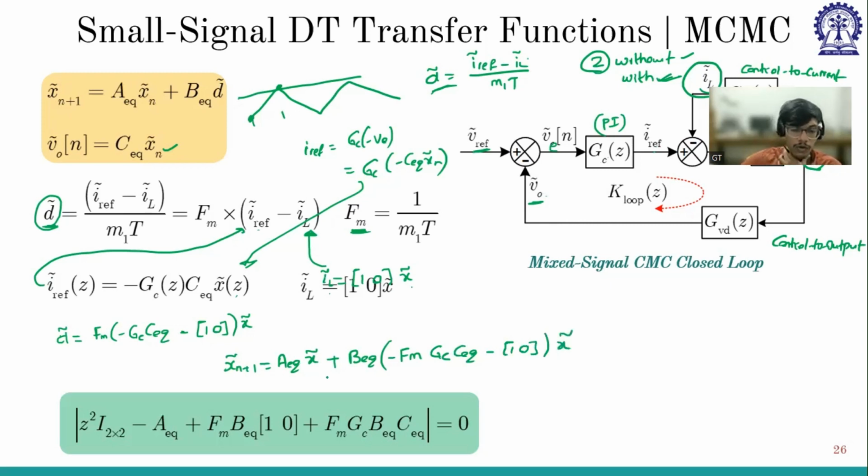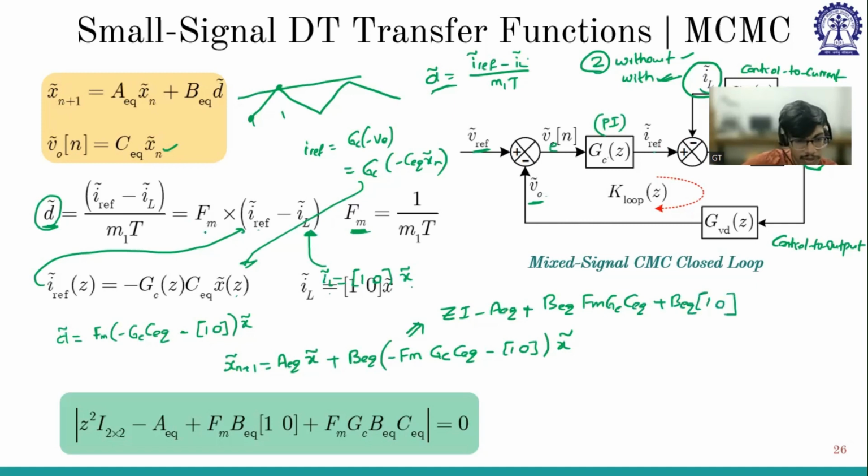So if you do this, you will get Z. Again, you apply the Z transform. So the final expression I am writing is ZI minus A equivalent minus, so minus again will become plus, so plus B equivalent FM GC C equivalent plus B equivalent into 10.